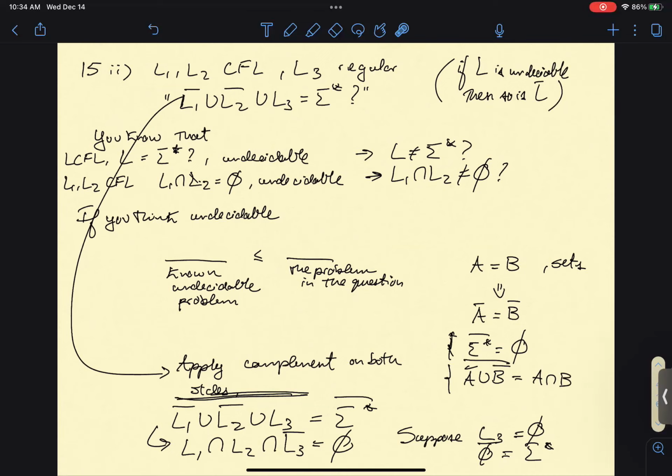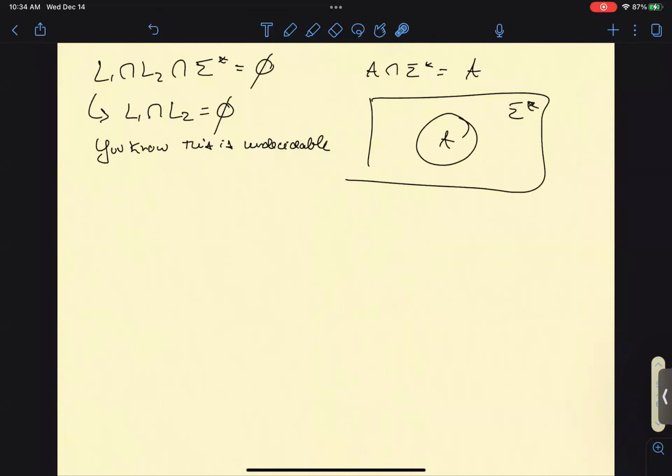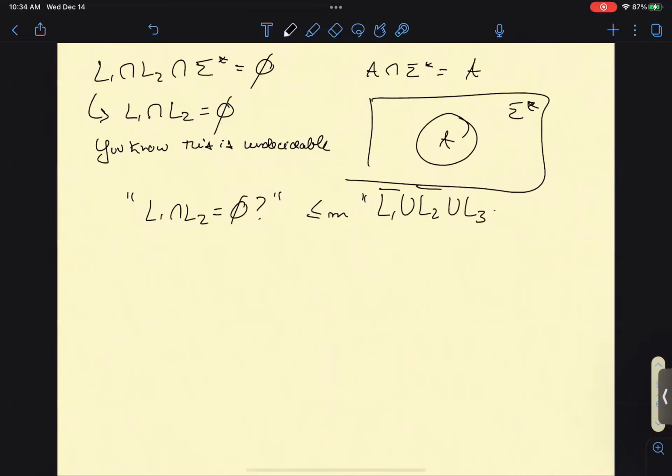Now what you're saying is correct, but you still have to show a reduction. Maybe it wasn't clear, but essentially what I did is I said this problem reduces to this problem, with sigma star.